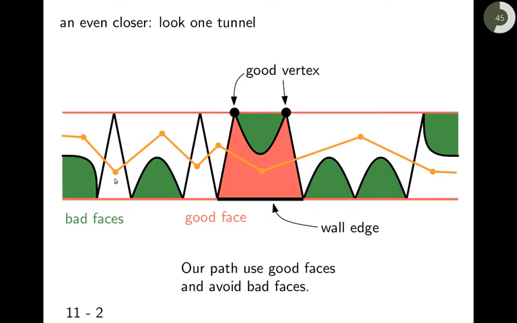And it is somehow an easy observation that our path within one tunnel will use exactly all the good faces and avoid all the bad faces. So the bad faces are just incident to one tunnel side, whereas the good faces have an edge on one tunnel side and a vertex on the other. And this comes from this alternating level, which goes up and down here, or maybe stays down, or maybe stays up for some time.